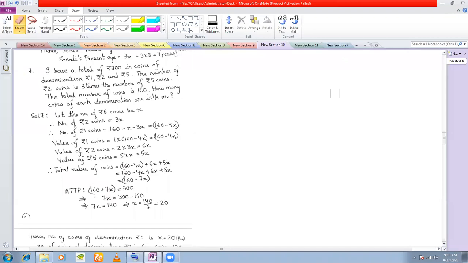Now, before we start this question, let us understand just a simple concept. Suppose I have 1 rupee coins in my pocket. Suppose I have 5 coins. Then how much money do I have?